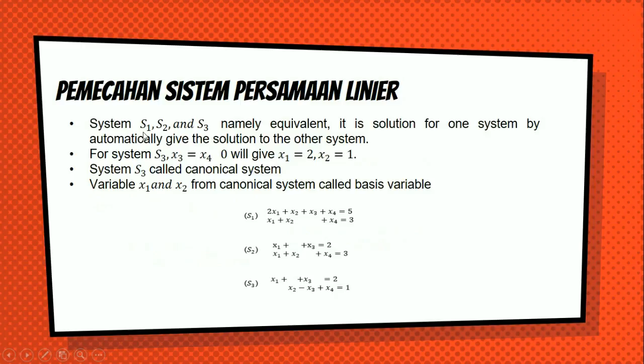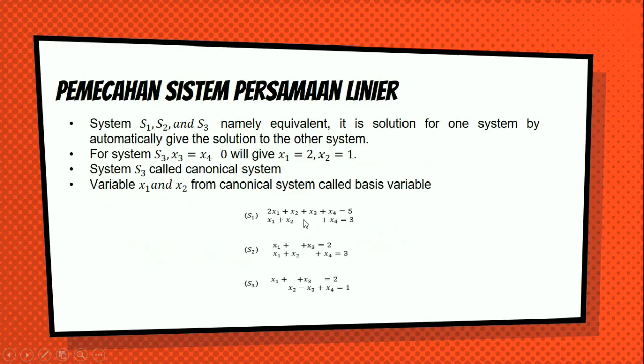So systems S1, S2, and S3 are namely equivalent. A solution for one system automatically gives the solution to the other system. So these systems are connected to each other because of the process itself.